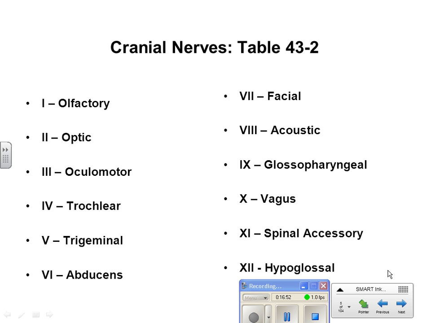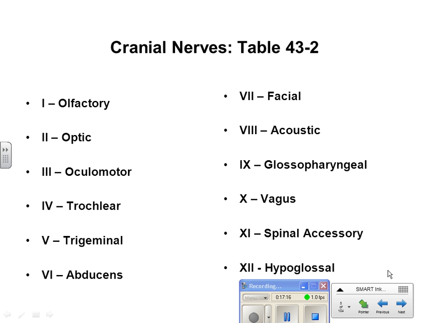The motor aspects of the trigeminal involve chewing. Now the abducens, motor or sensory or both? It's motor, and it's eye movement laterally. So looking side to side.